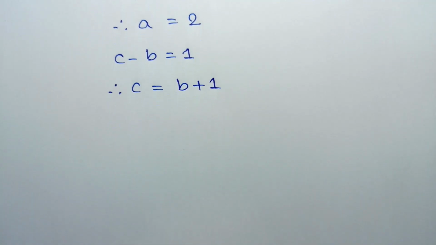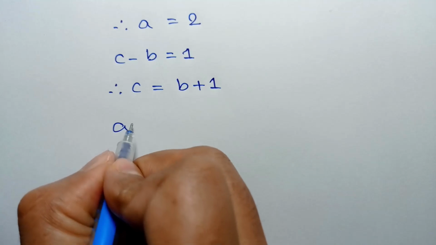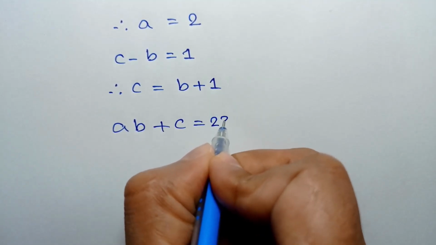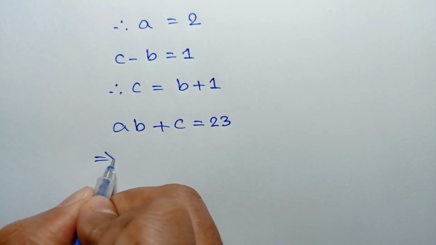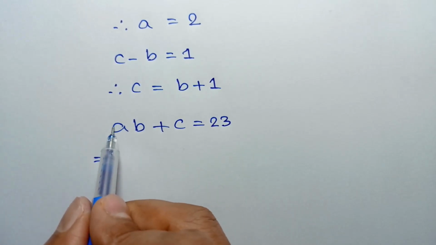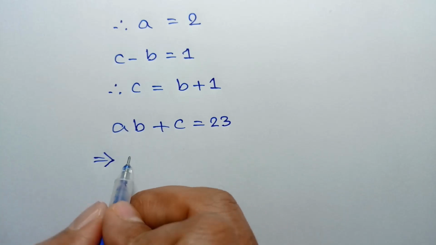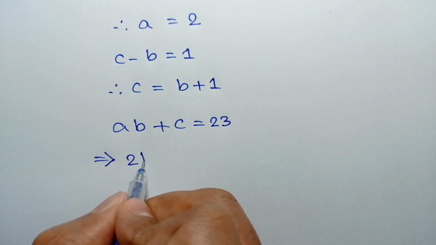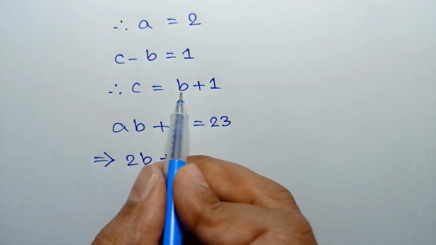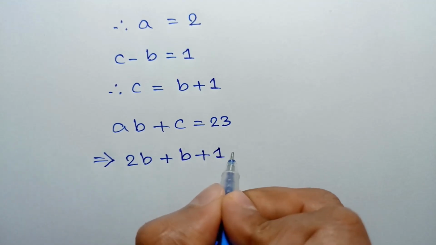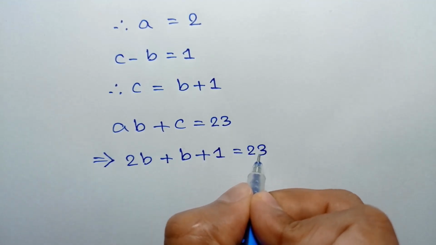Now from equation 1, we have AB plus C is equal to 23. Substituting the value of A and C, we can write A is equal to 2 times B plus C is equal to B plus 1. So we can write 2B plus B plus 1 is equal to 23.